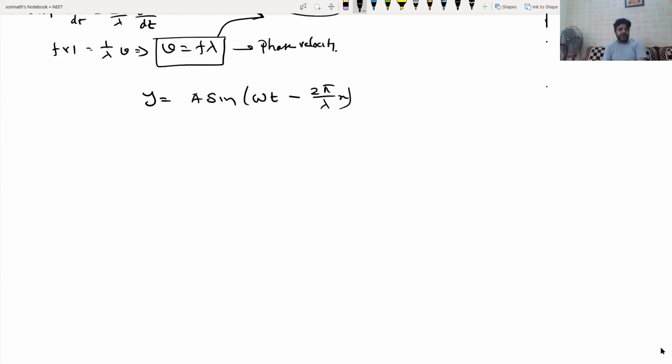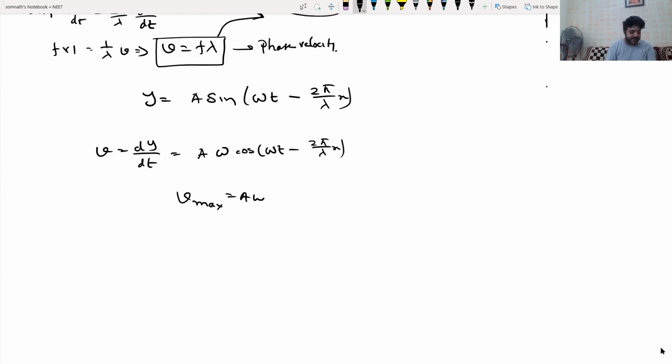Okay. Now, if we differentiate this with respect to time, what we have is a, this sine becomes cos of omega t minus 2 pi by lambda x, and when we differentiate that part, we take an extra omega, so we can write a omega, and the maximum value is a omega. So this velocity is called the particle velocity.